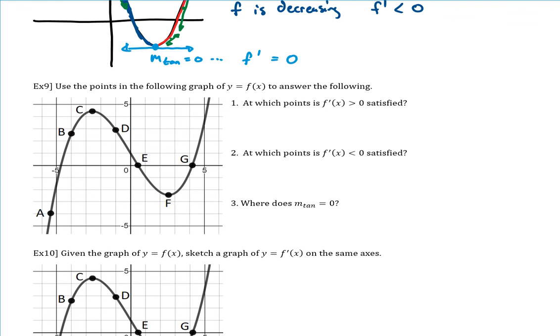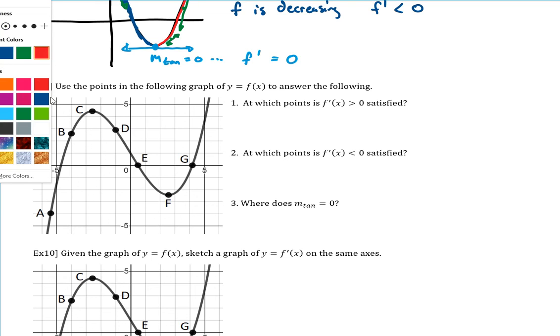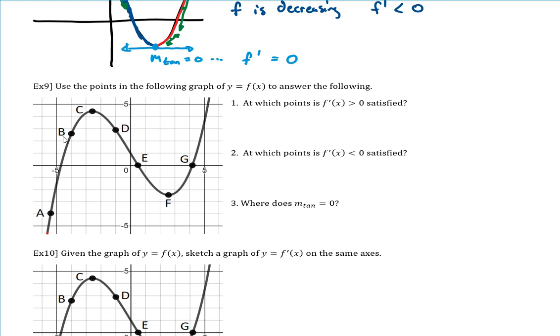All right, so I'm going to use my colors one more time here. I'm going to draw where it's increasing. I'm assuming there's a little arrow there, but from left to right along this graph, this is where it's increasing, in red. Then it goes to decreasing, but after F it's increasing again.